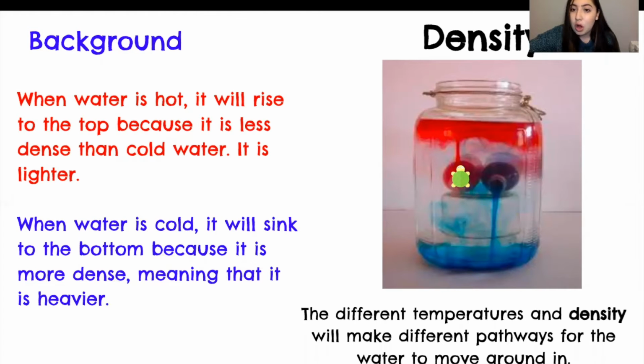We have hot water moving up because it's less dense, and cold water moving down because it's more dense. The different temperatures and density will make different pathways for the water to move around in. So we see here, the water is moving by itself because of the temperature, not just the wind, but temperature.